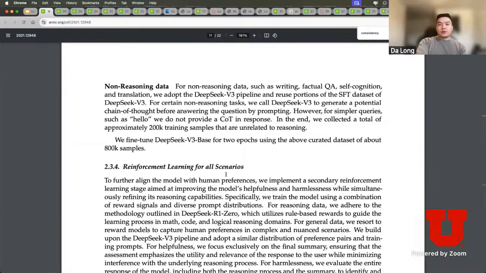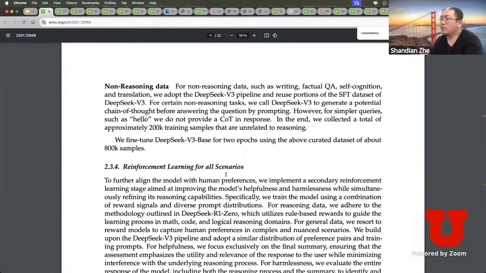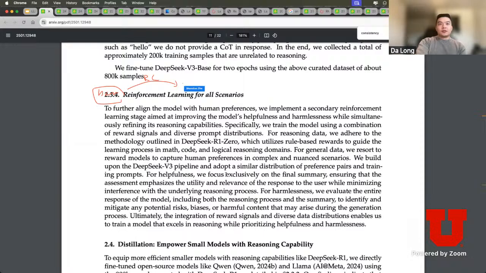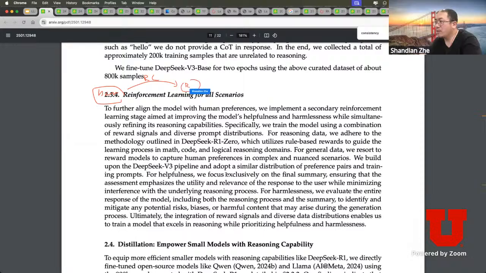Let me go through it. You got the base model, right? You first run the reinforcement learning to get R1 0. This R1 0 will help you generate some data, right? And then use that to fine-tune the base model again to get V3, right?